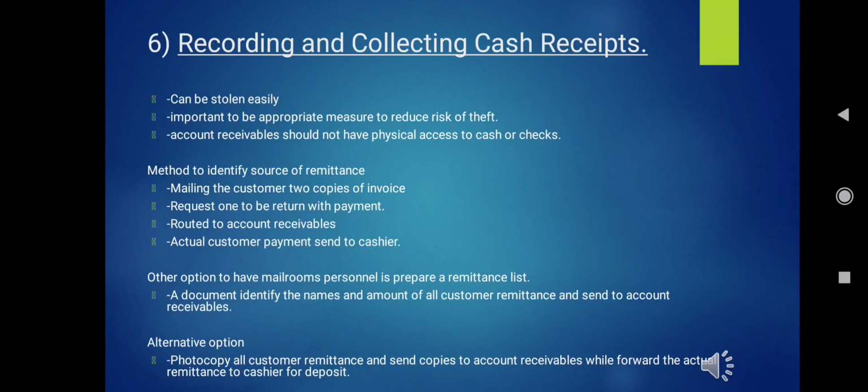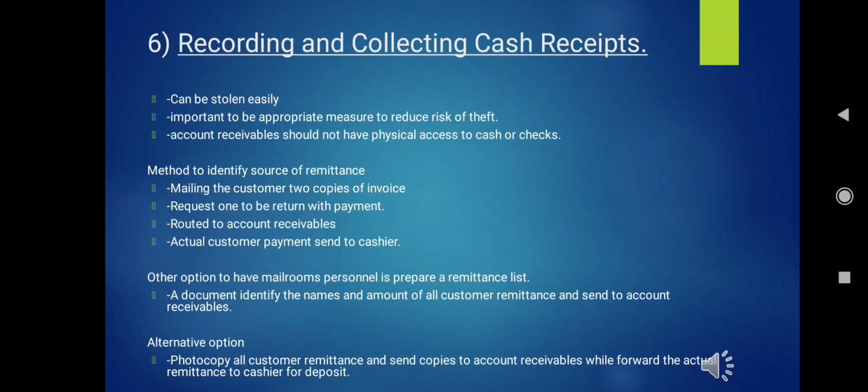Cara lain untuk ada option to have mail room personnel is to prepare a remittance list. So remittance list is a document to identify the names and amount of all customer remittance and send to account receivables.